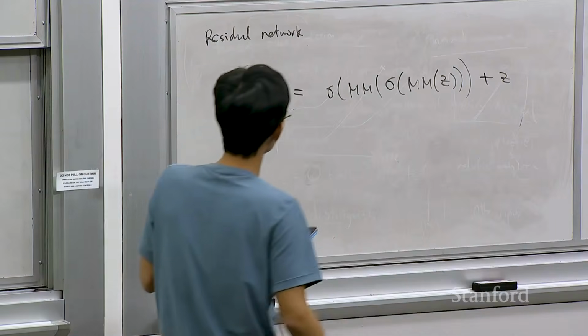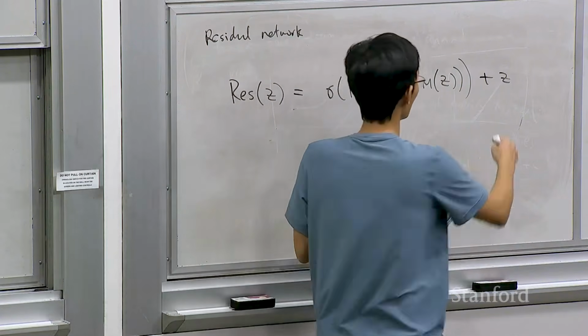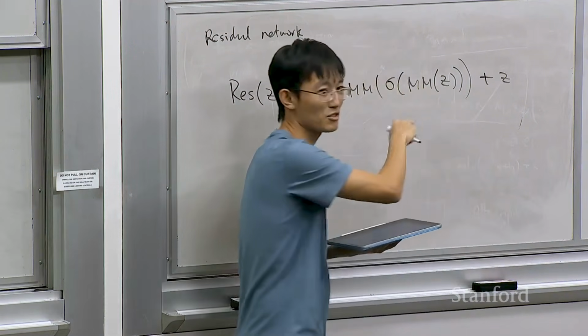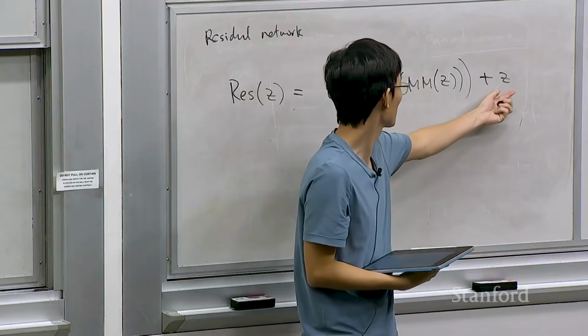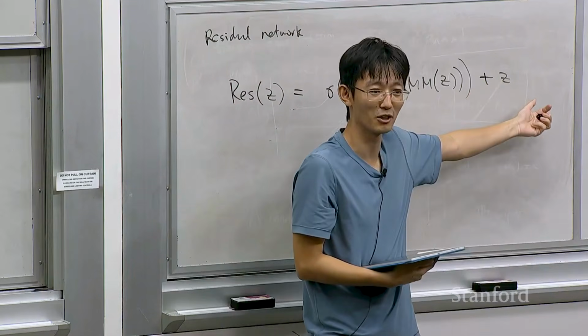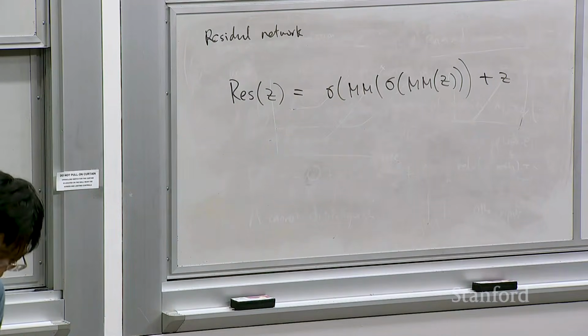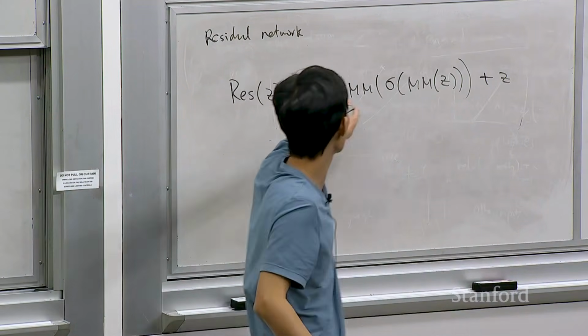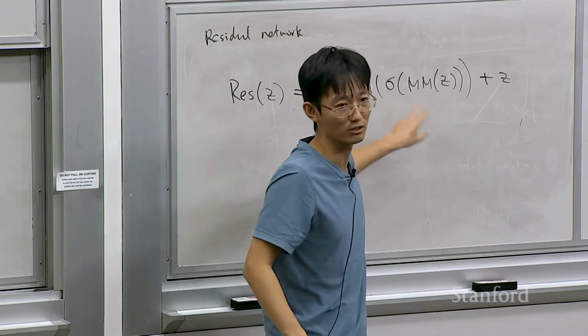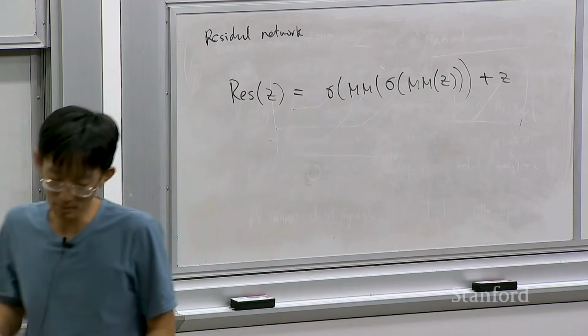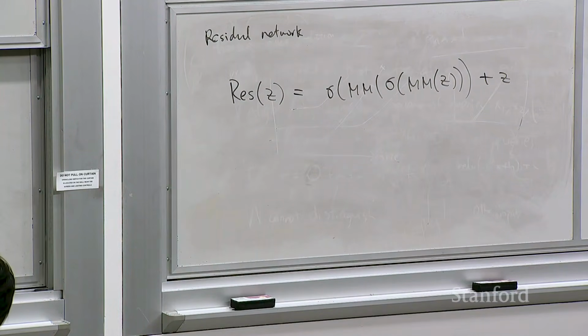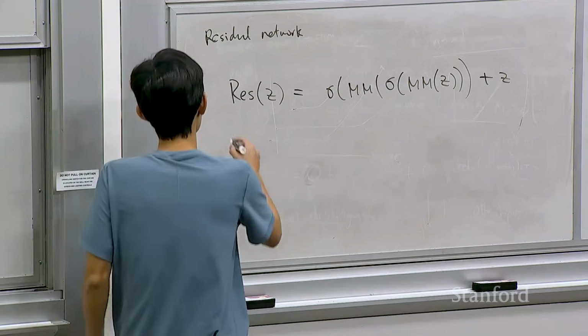By definition, it means that you don't change the dimension here, because to make this compatible, your input dimension and output dimension are exactly the same. Of course, these two matrix multiplications are not using the same weight matrices. I'm not writing exactly what they are, but they are not the same matrices. And this is called a residual block.